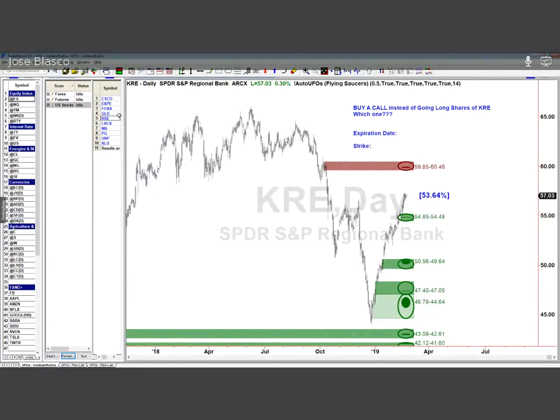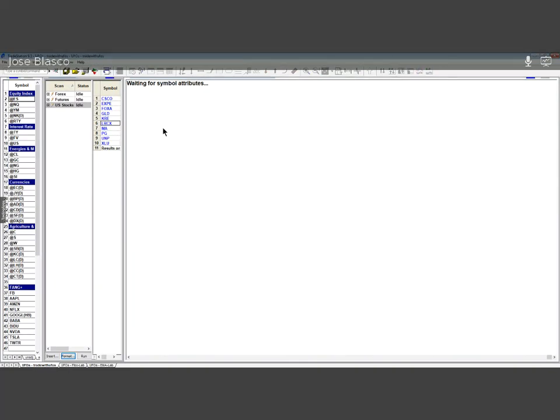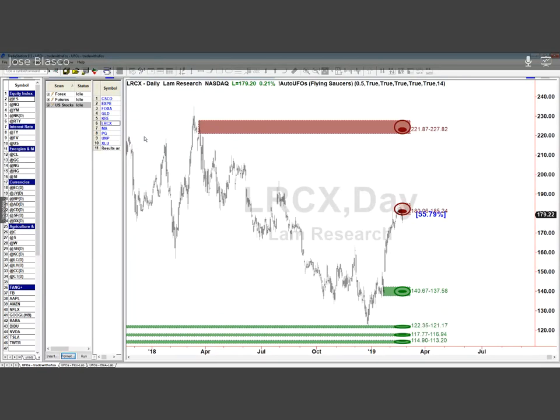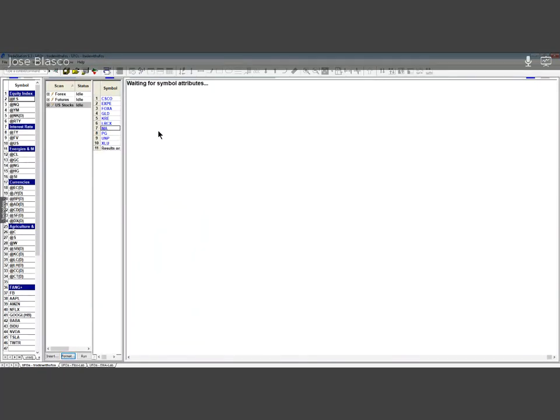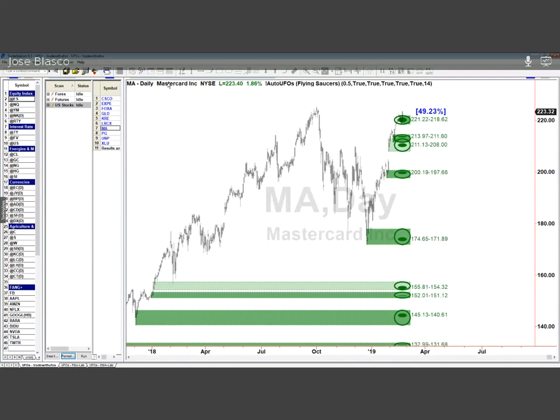Okay, so if you don't mind, I'm just going to try to find another example to make our first example a little simpler. So we'll look at LRCX, and you know the green UFO is very far away. So look at American Express. Sorry, MasterCard. I know what I was thinking. And so what's happening with MasterCard?